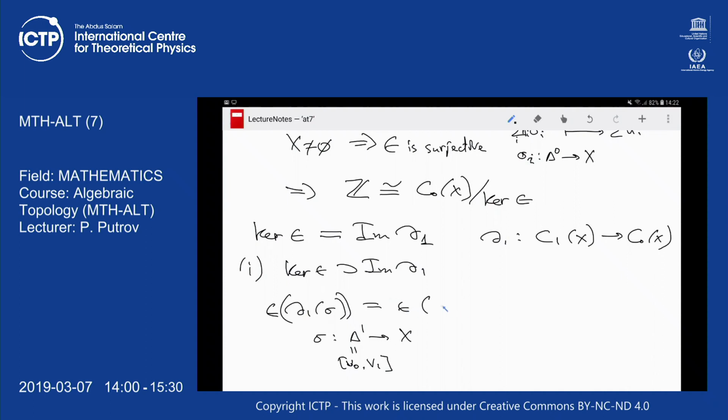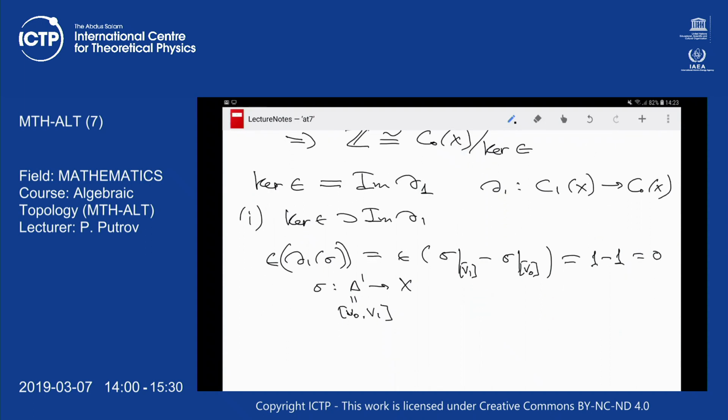By the definition of delta 1, this will be sigma restricted to B1 minus sigma restricted to B0. So these are 0 simplices, B1 and B0. Since epsilon acts by just taking the sum of the coefficients, this will be 1 minus 1 as a result of epsilon, which is 0. So this shows that the image of delta 1 is inside the kernel of epsilon.